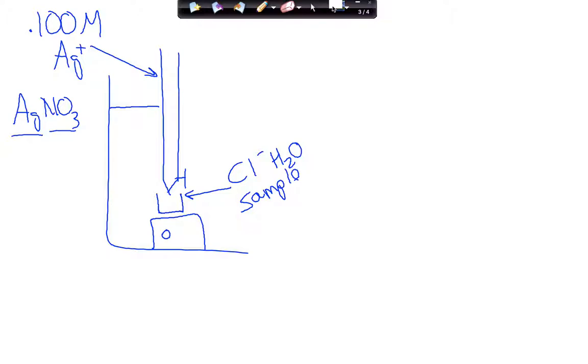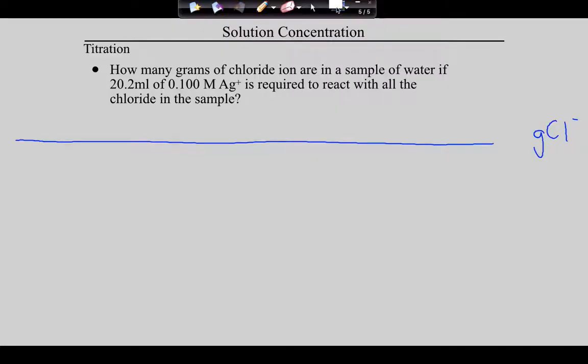The more chloride we have, the more stuff we need to tie it up. So the amount of stuff we needed is the bridge to how much chloride there was. So how much stuff did we need? 20.2 milliliters.